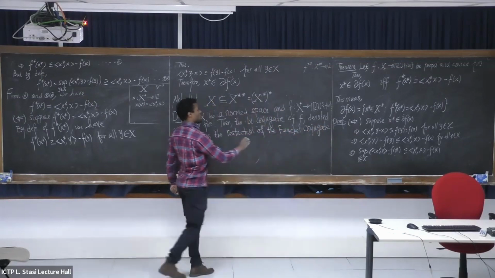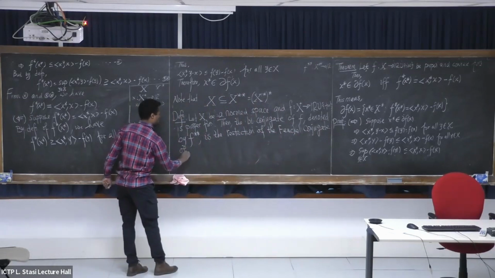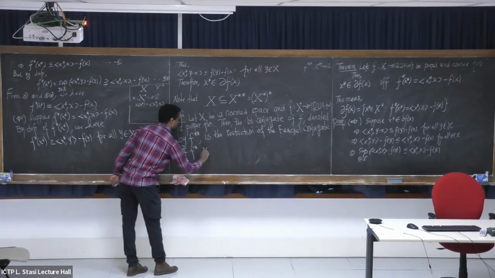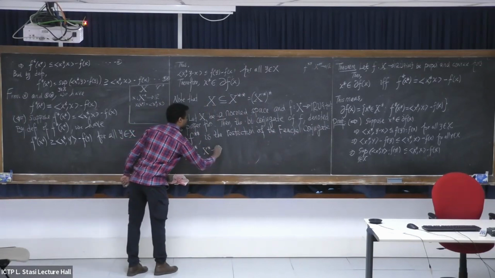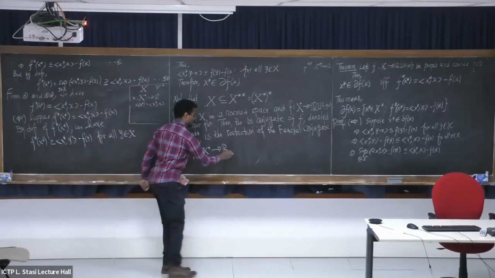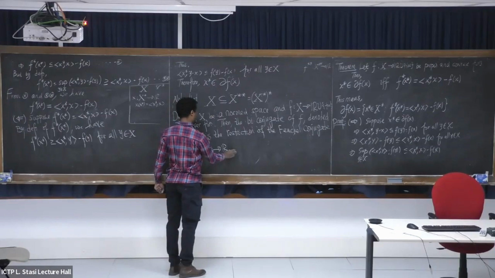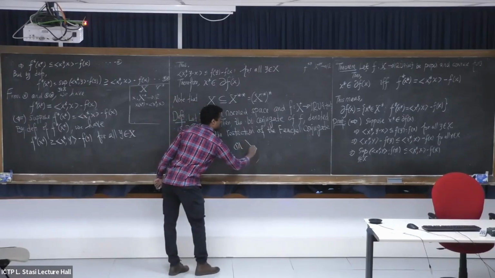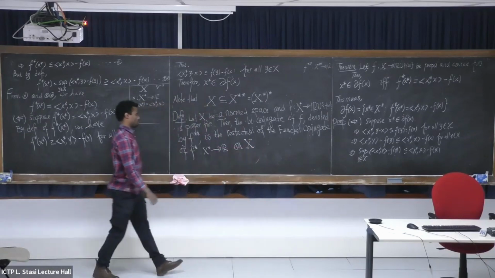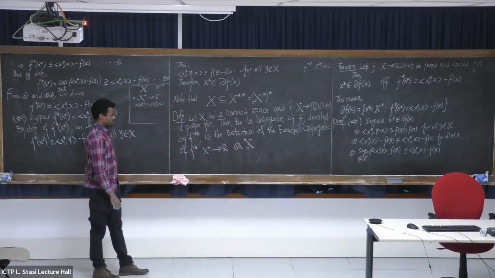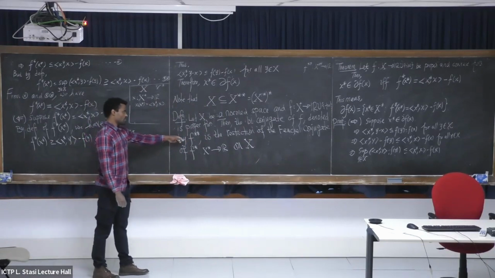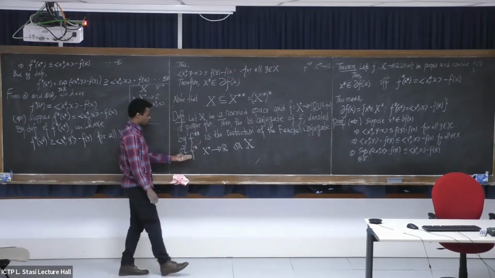The Fenchel conjugate of X star, given by the restriction of this one, is only on X. The biconjugate of the function is the restriction of the Fenchel conjugate of this.